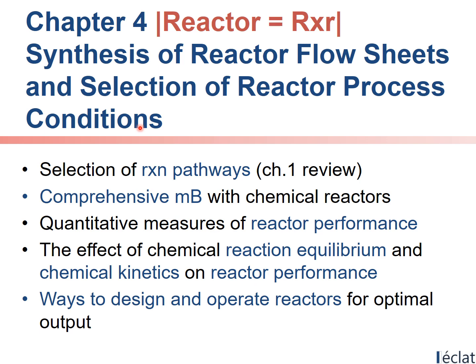In this chapter, you will learn about selection of reaction pathways, which is the review of Chapter 1, comprehensive material balance equations with chemical reactors, quantitative measures of reactor performances, the effect of chemical reaction equilibrium and chemical kinetics on reactor performances, and ways to design and operate reactors for optimal output.